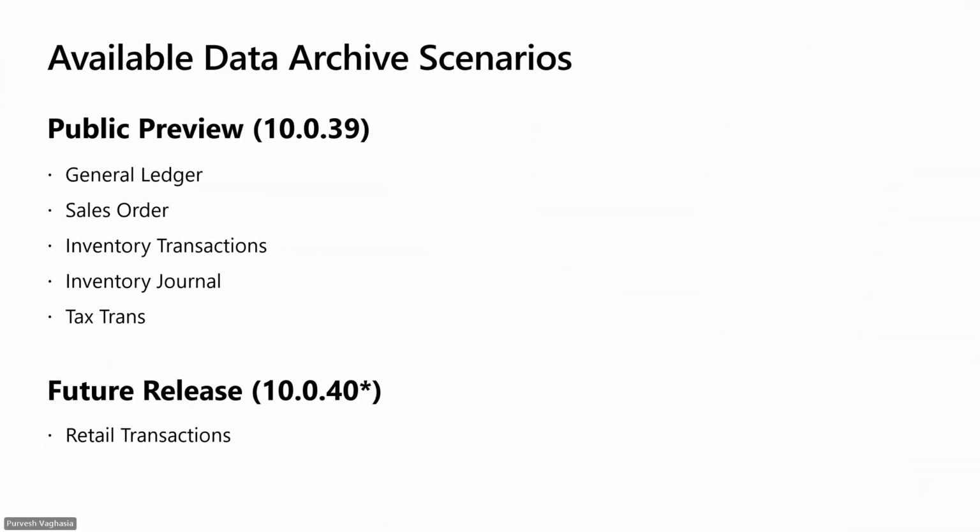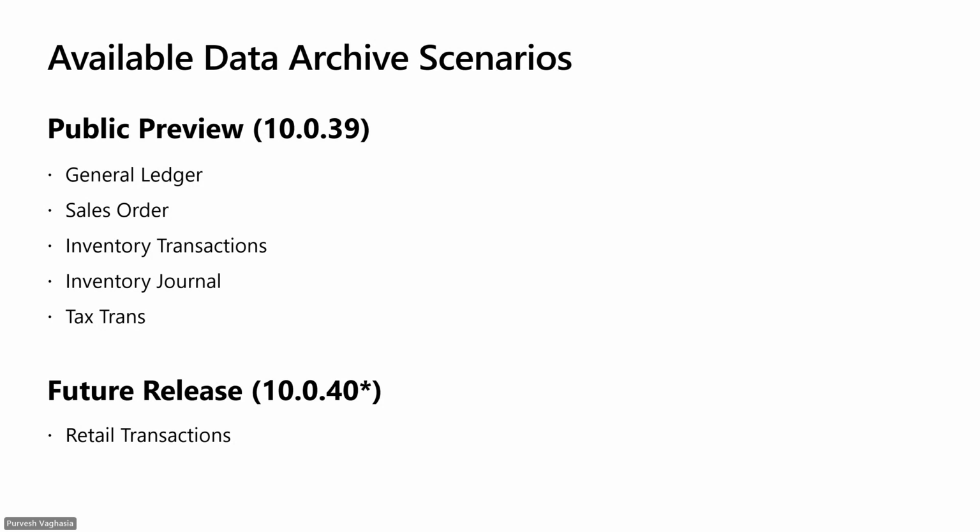So again, before we go deeper into the scenarios, we just wanted to touch base on some of the scenarios that are available, so that it's clear when we mention them in this tech talk. In public preview with 10.0.39, we have general ledger, sales order, inventory transactions, inventory journals, and tax trans, which are available in the public preview.